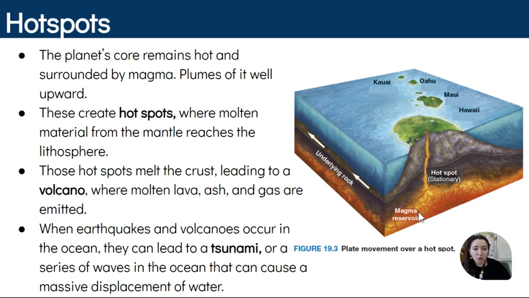So here we have the mantle, which is going to have that liquid magma, which is heated by the Earth's very hot iron core. And we have a plume, which is an area where the magma can shift upwards. And once it reaches the surface, when magma cools off, it becomes solid rock.